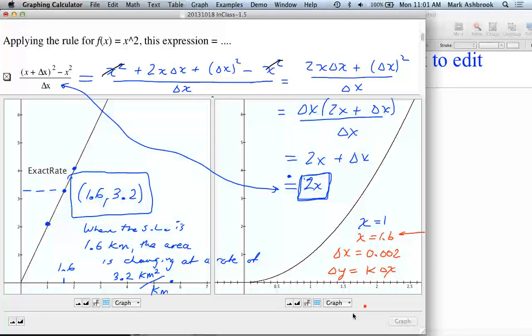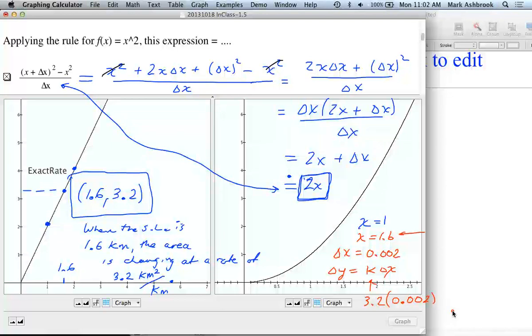Right? So we're assuming a constant rate for a very small change in x. Our constant rate is? And delta x is? So what are we saying? We're saying that right around 1.6, when the side of the square is 1.6, changes in the area will be 3.2 times as great as changes in the side length.